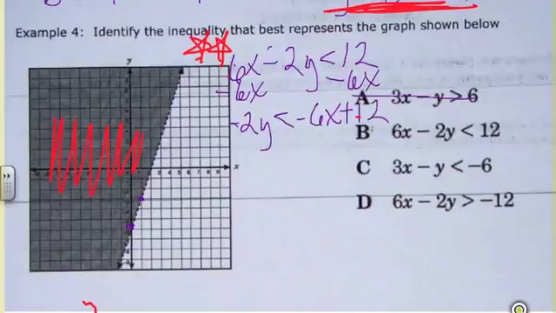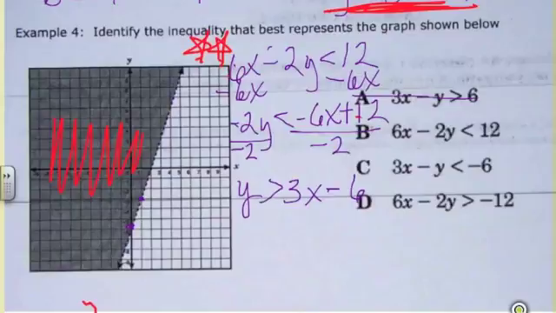Okay, then what? Okay, so divide everything by the negative 2. So then y, and then negative 6 divided by negative 2 is positive 3. And then 12 divided by negative 2, negative 6. And then what do I do with the inequality?